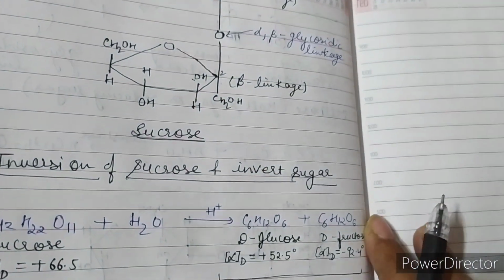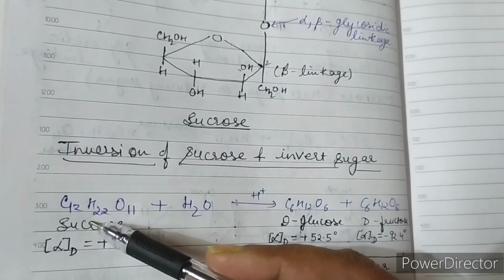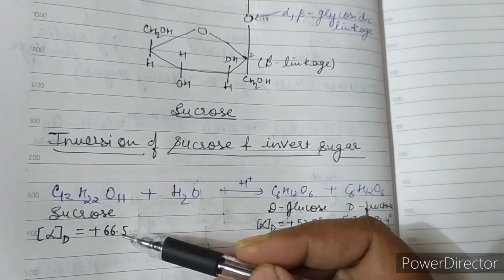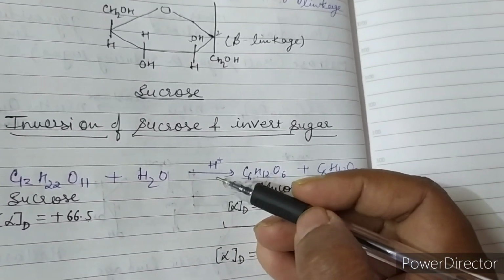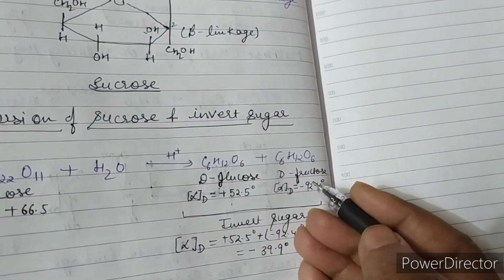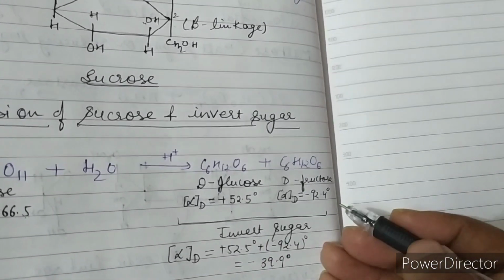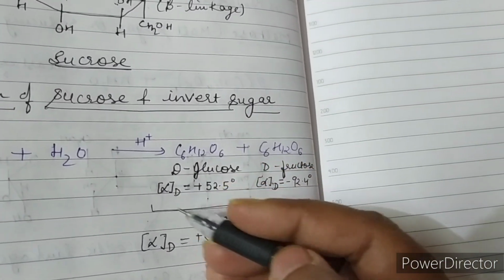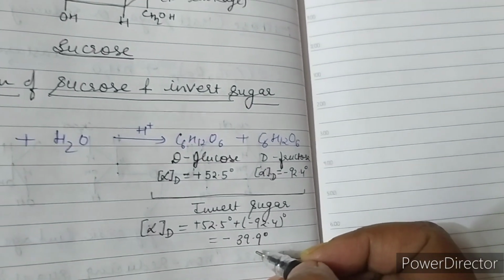The next term is inversion of cane sugar, or invert sugar. Sucrose is a dextrorotatory compound, since its specific rotation is plus 66.5 degrees, and on hydrolysis with an enzyme or acid, it gives an equimolar mixture of D-glucose and D-fructose. D-glucose has a specific rotation of plus 52.5 degrees, and fructose has minus 22.4 degrees. If you sum it up, you get a specific rotation for the entire solution of minus 39.9 degrees.